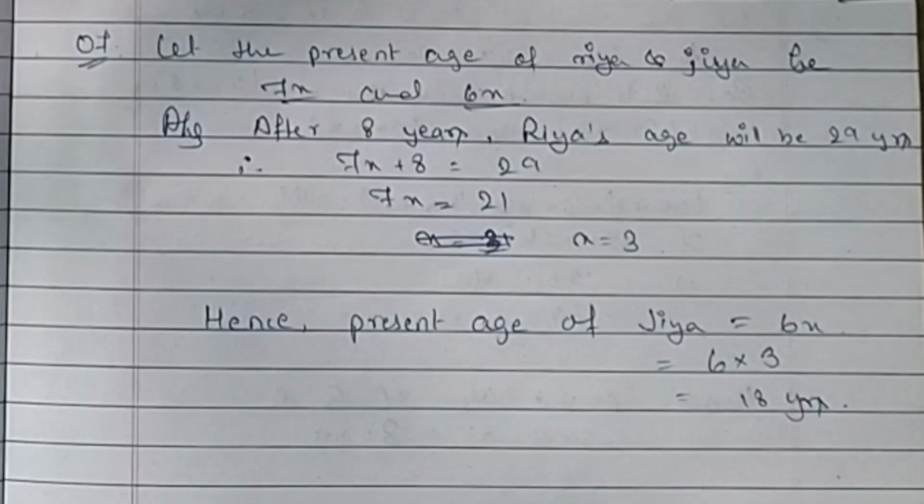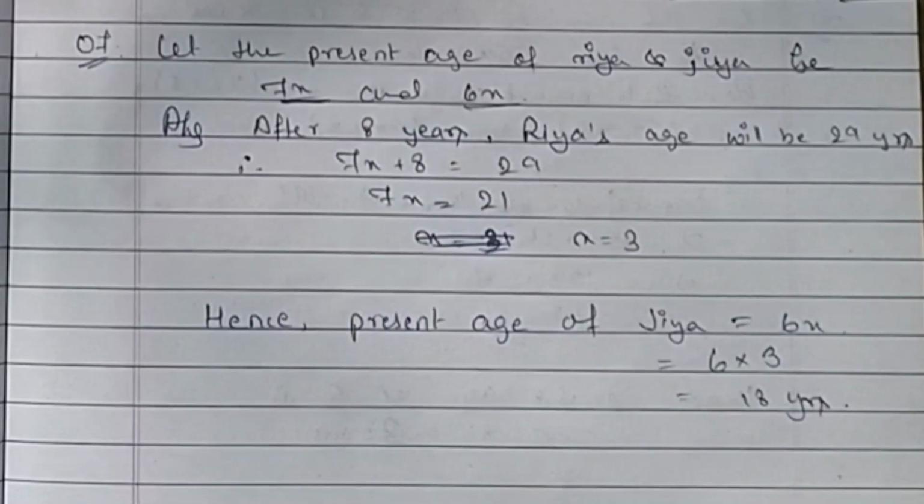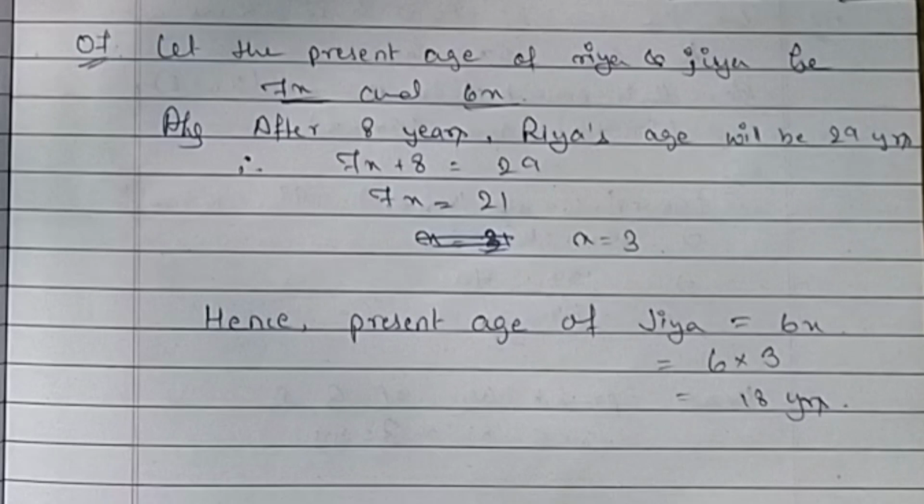Now the question is further saying that after 8 years, Ria's age will be 29 years. So the question is quite straightforward. We have assumed Ria's age to be 7x, and we have to add 8 years to the present age of Ria to fulfill the condition given in the question.